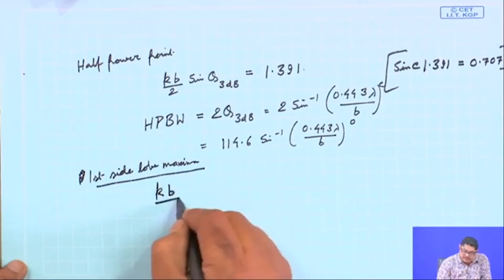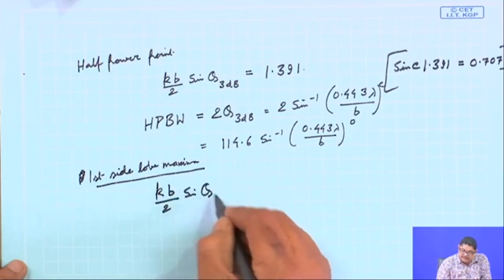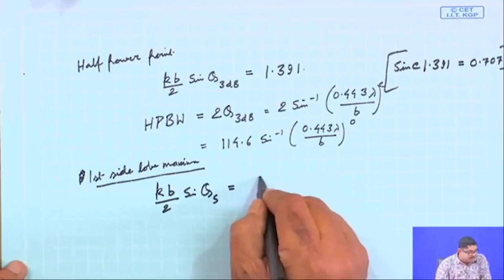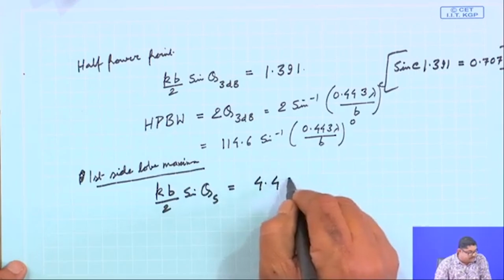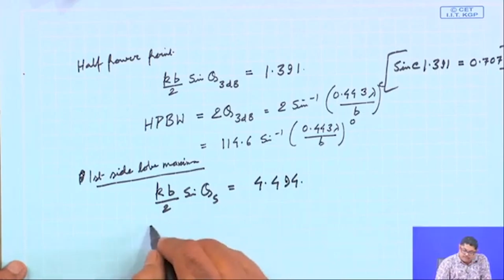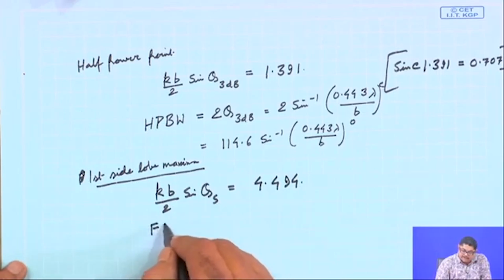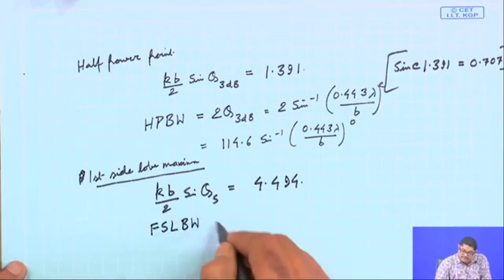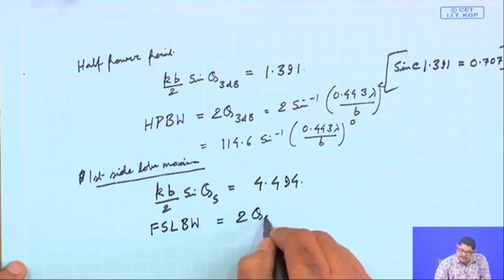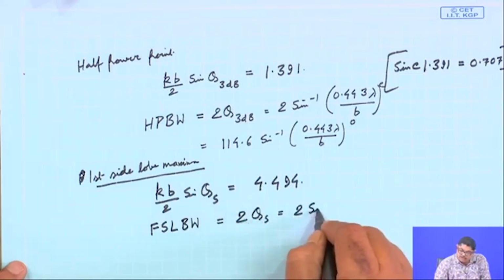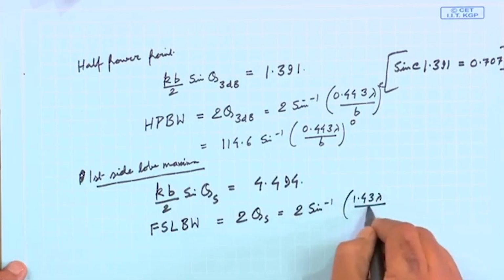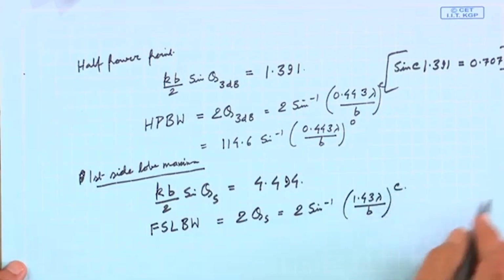Let us say the side lobe maxima, theta s, occurs when x is 4.494. So, from here you can say that the first side lobe beam width will be 2 theta s, and that is 2 sin inverse 1.43 lambda by b in radian.